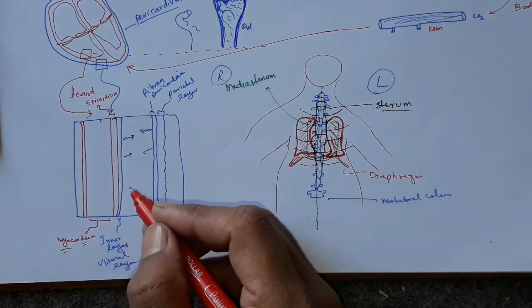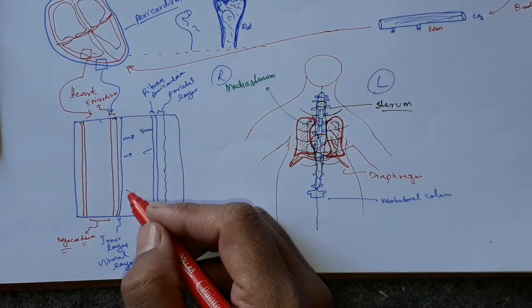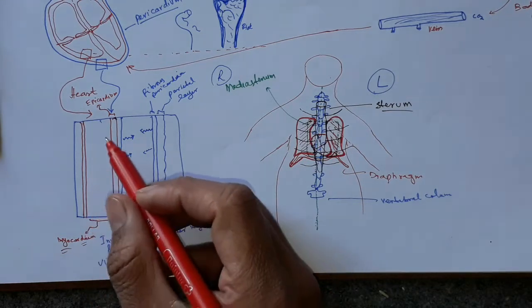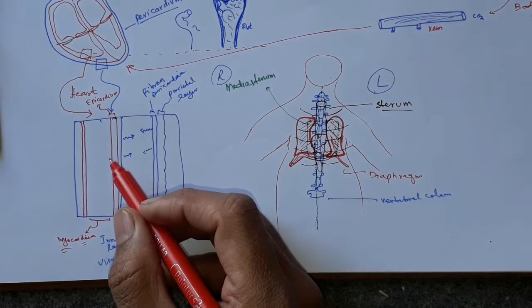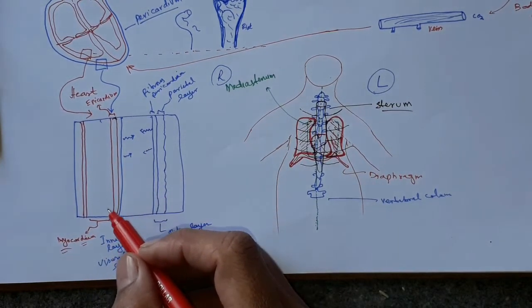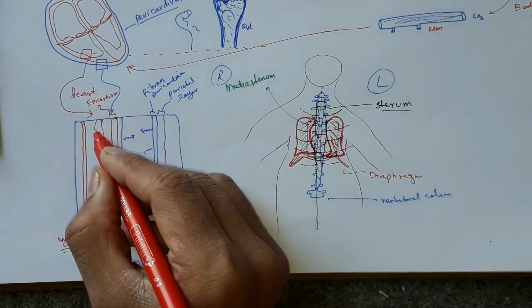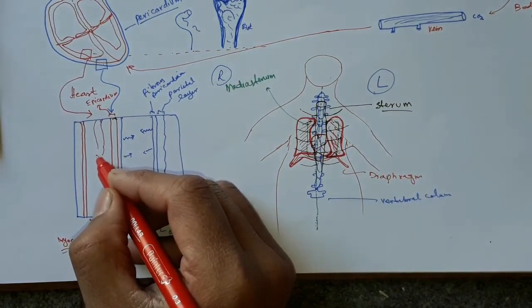This part is the backbone of the heart tissues, because these cardiac muscles contract and pump blood throughout the body into the systemic circulation. These are the cardiac muscle cells, and they are striated muscle cells.